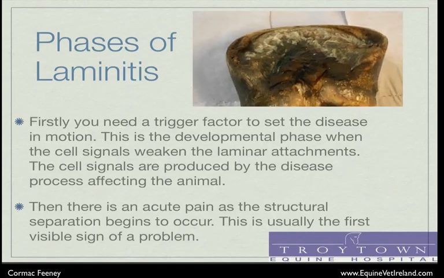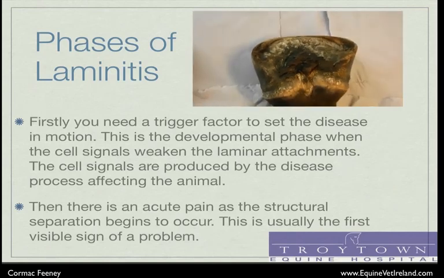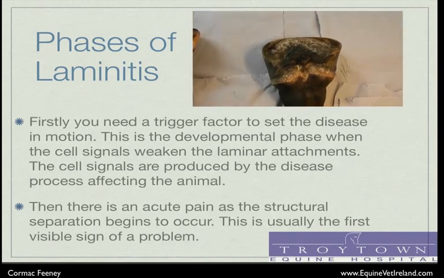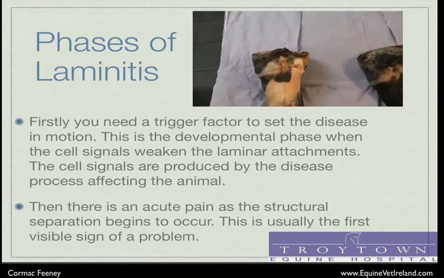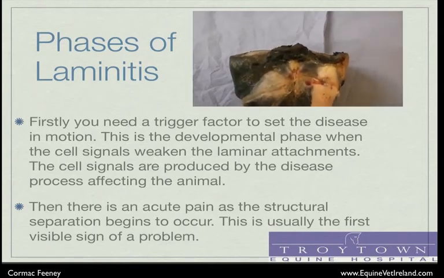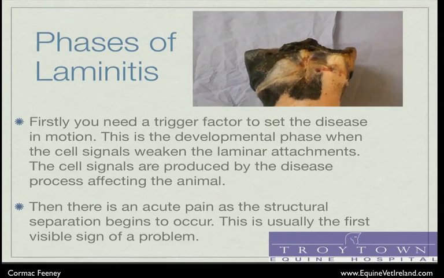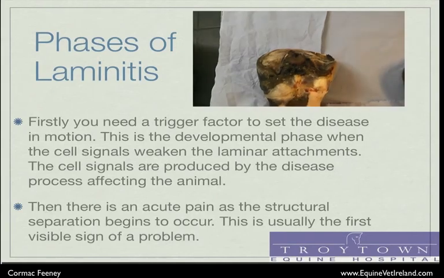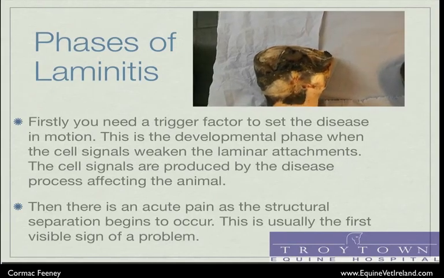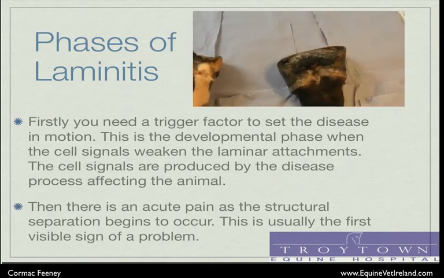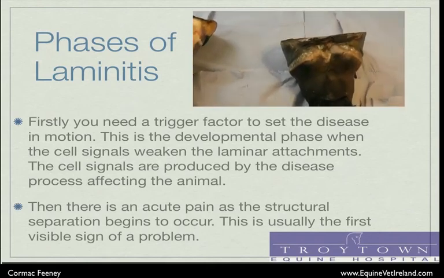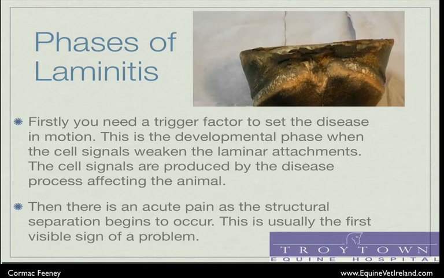As these attachments loosen, the weight of the horse in conjunction with the stress of moving around causes the pedal bone and the hoof capsule to separate. The separation is followed by pain and inflammation as the horse's digital pulses increase, there is heat in the feet, and the horse becomes reluctant to move.